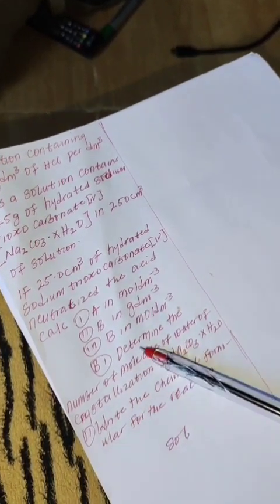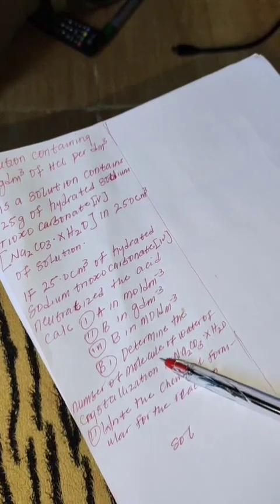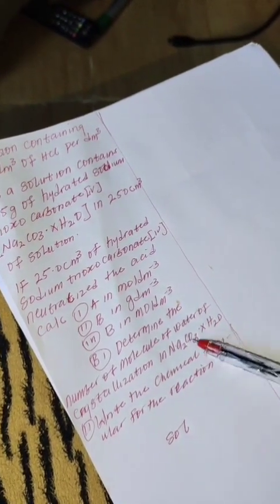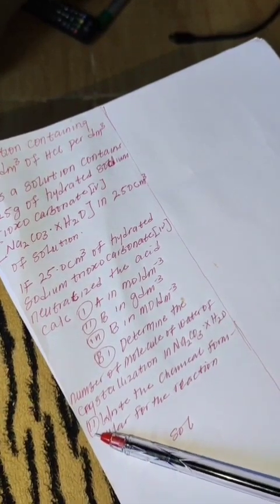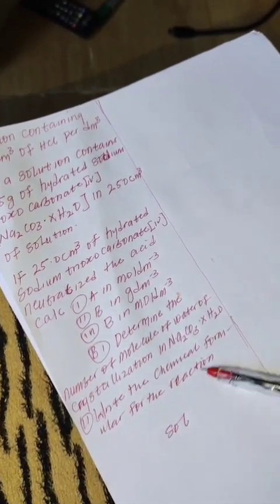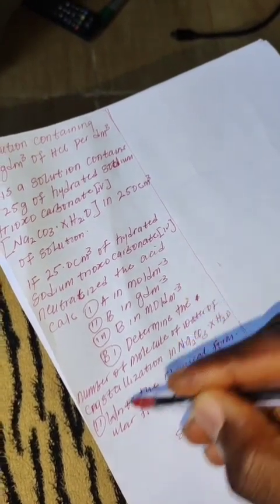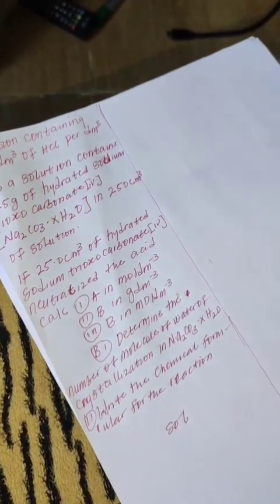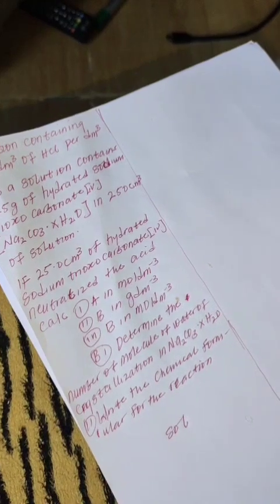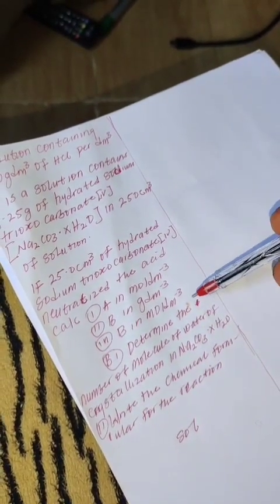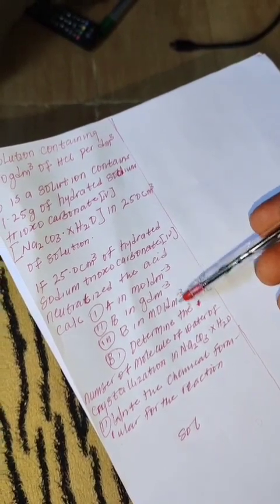Then B1 says determine the number of molecules of water of crystallization in this solution. We also have B2, where we should write the chemical equation for the reaction. For these two questions, due to the length of the video, I will solve them in my next video, but I will try my best to explain this.